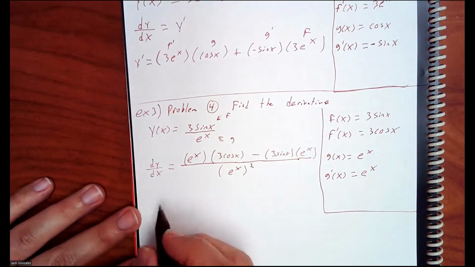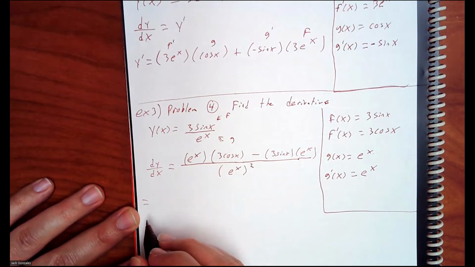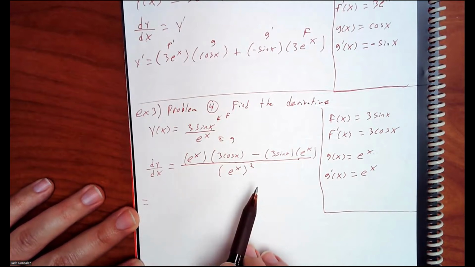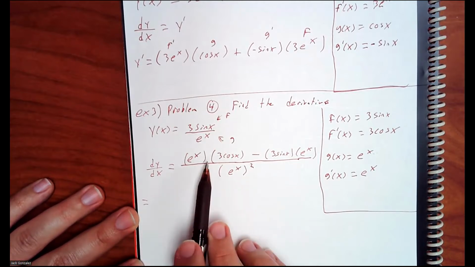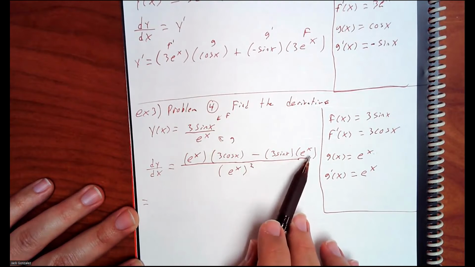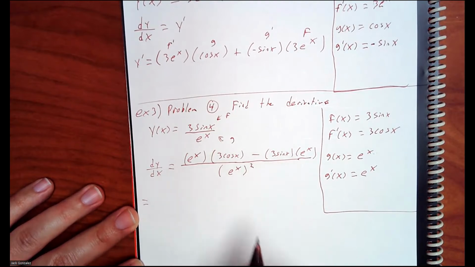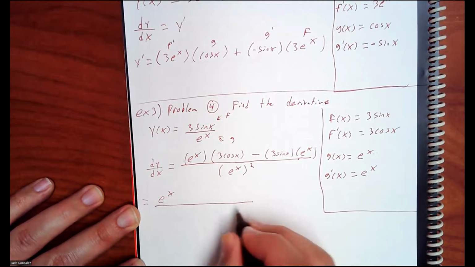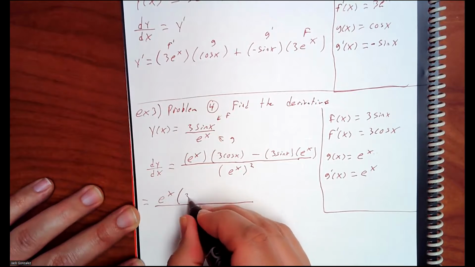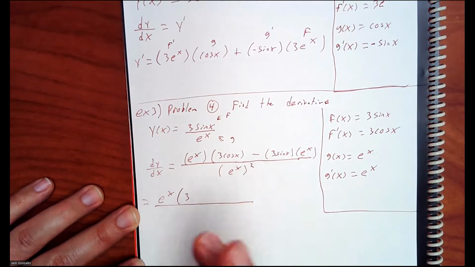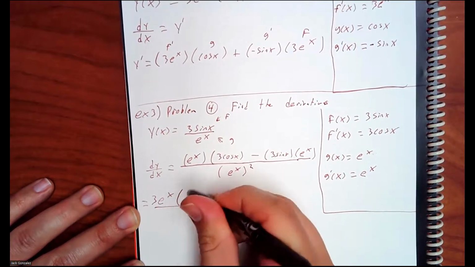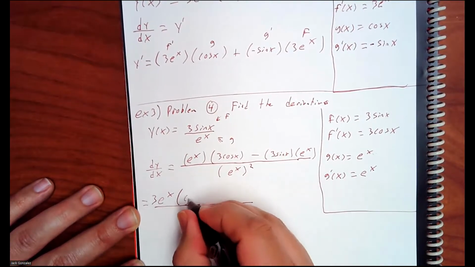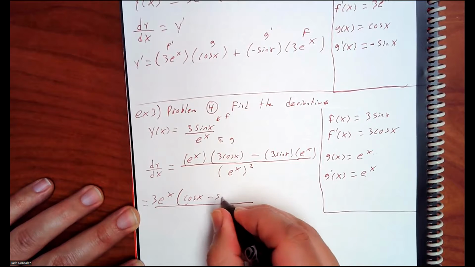Okay. So that will be on top. You could technically factor e to the x, right? You see that? So I factor it out. So I'll have 3. Also pull out the 3, I guess. So I have cosine minus sine.